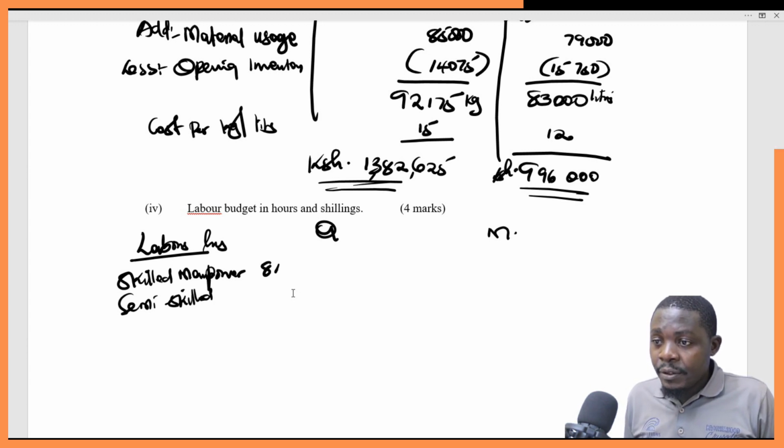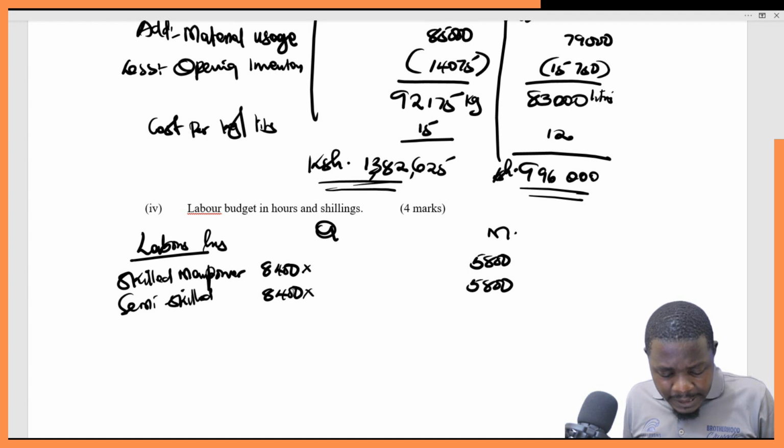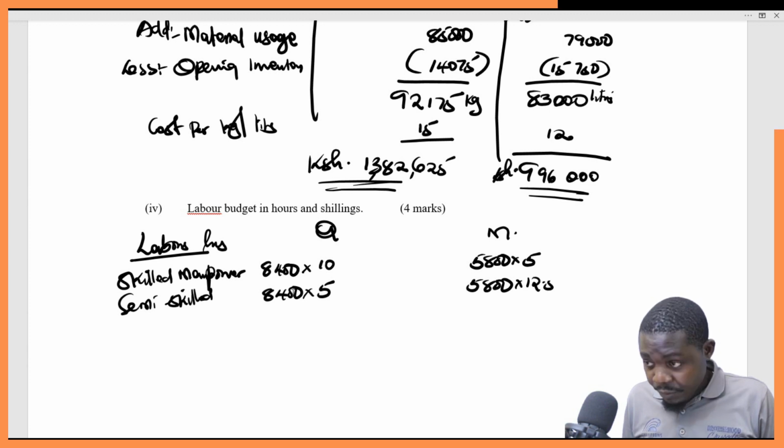We had 8,400. And then for M, remember we had 5,800 units. We are using an assumption that they did the same work. Then the skilled hours, we had 10. Semi-skilled for Q, we had 5 hours per unit. Then for M, we had 5 hours per unit. Then semi-skilled, they used 12.5.